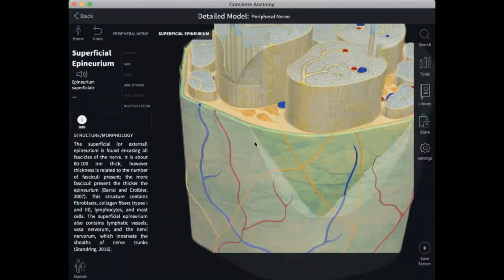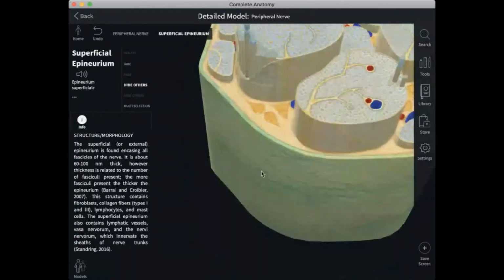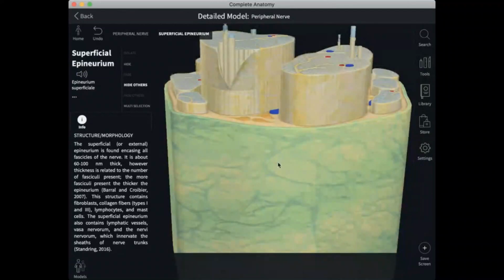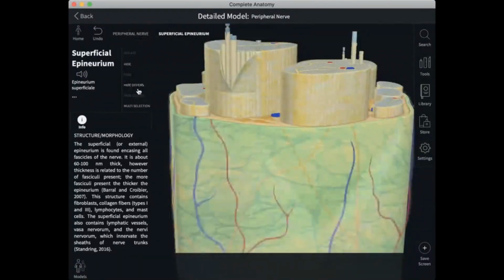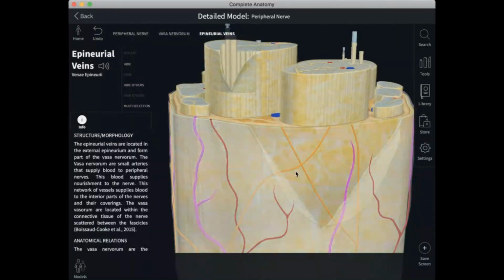On this you have small blood vessels, called the vasa nervosum. These are small microscopic vessels that supply the nerve.